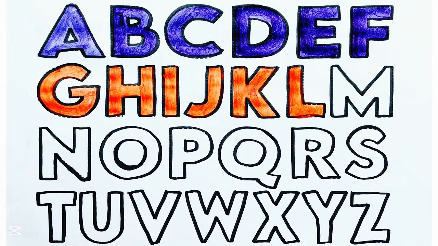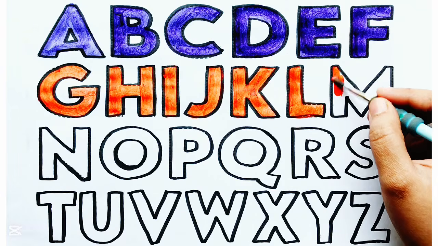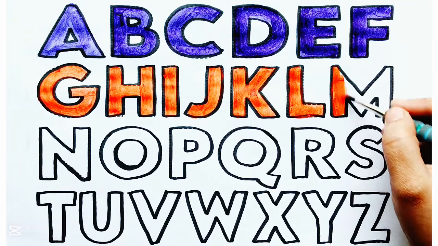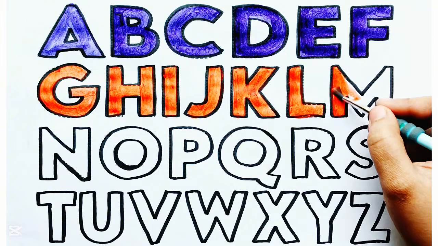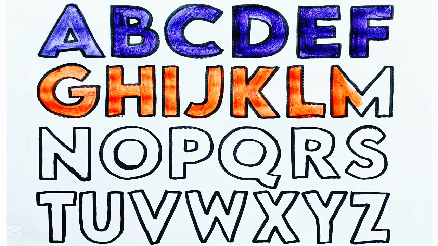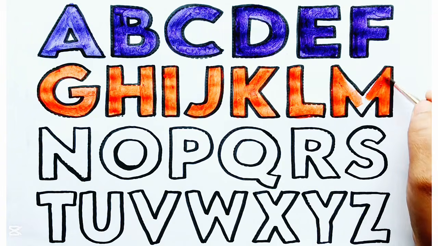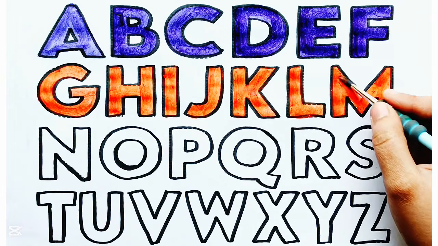Let's see a list of words that start with the letter A. Apple, angel, address, animal, answer. April, autumn. M for monkey. Ambulance, airplane, arrow. Alligator.